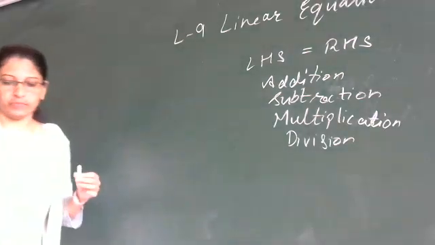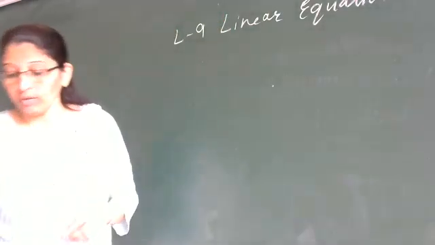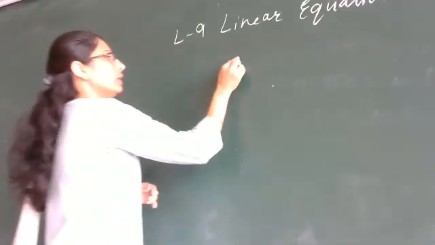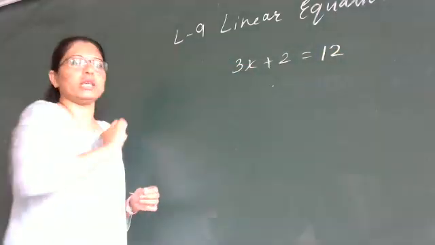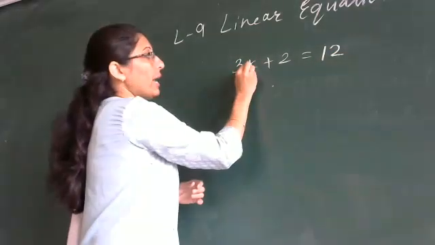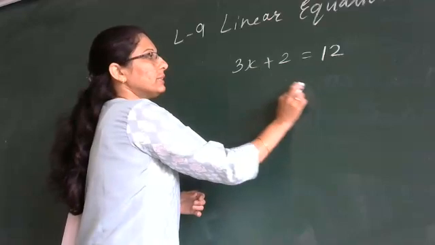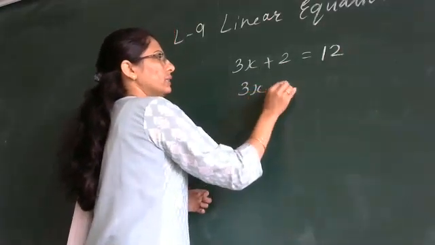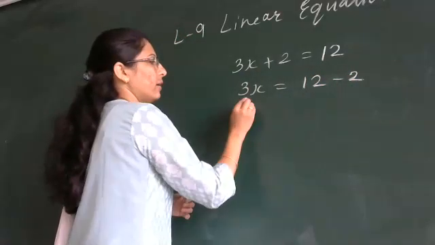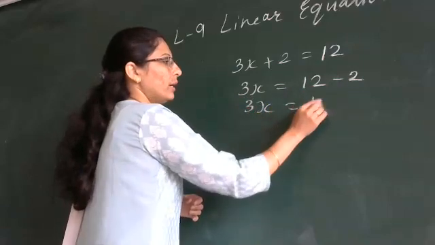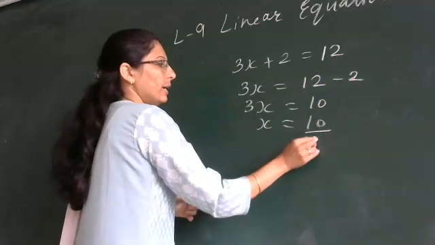Okay, and solving an equation means what? For example, 3x plus 2 is equal to 12. If this equation is there, find the value of x. How can we find the value of x? This plus 2, we can take across: 3x is equal to 12 minus 2. 3x is equal to 10. x is equal to 10 by 3.